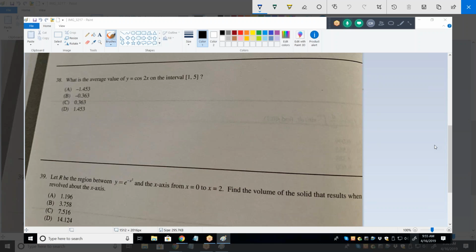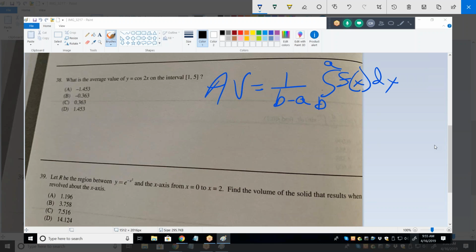That's the bottom line. Okay, so here, what's the average value function? Or what's the general average value function? So that'd be f of b minus f of a over b minus a. Yeah, it's basically 1 over b minus a times the integral from a to b of f of x. That makes sense.